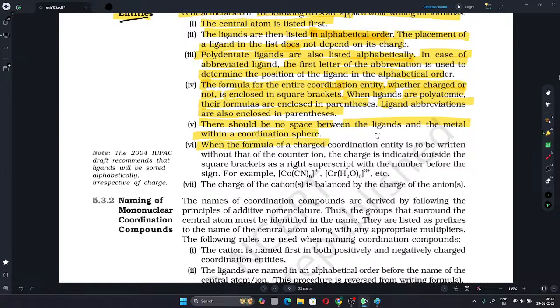When the formula of a charged coordination entity is to be written without that of a counter ion, the charge is indicated outside the square brackets as a right superscript with the number before the sign. For example, [Co(CN)6]3-, [Cr(H2O)6]3+, etc. The charge of cations is balanced by the charge of anions.